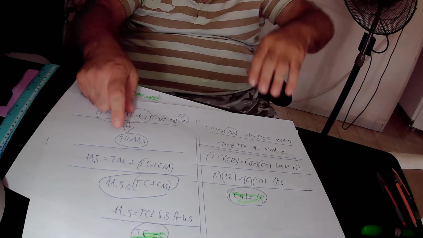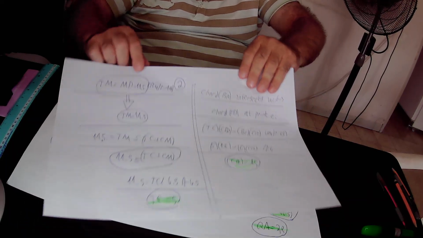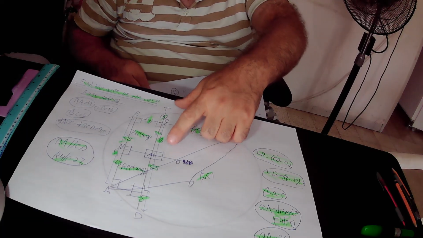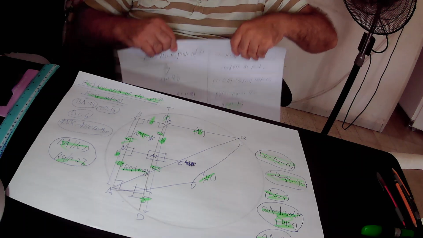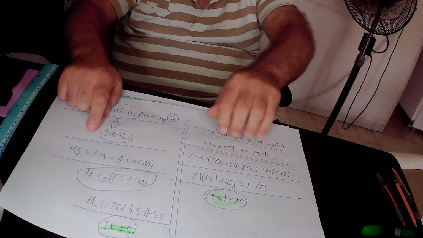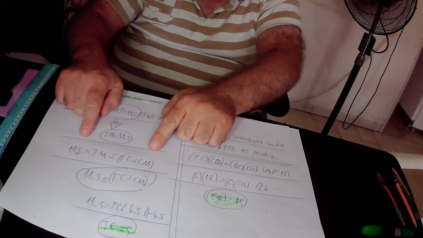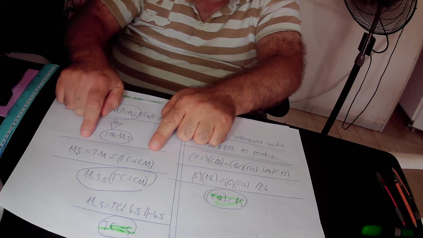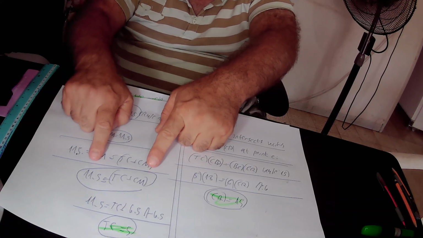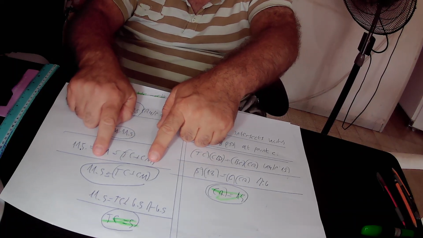So from one side TM equals 11.5, but from the other side TM is also equal to TC plus CM. From this equation we derive that 11.5 equals TC plus CM.